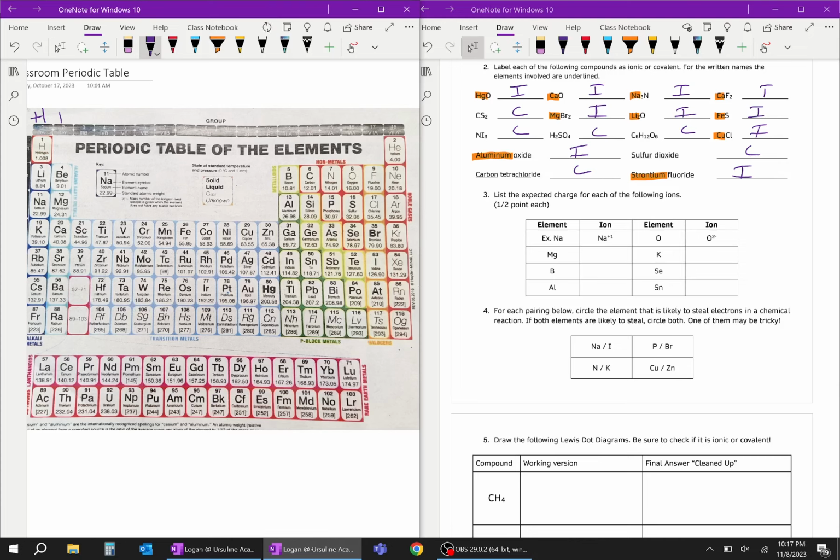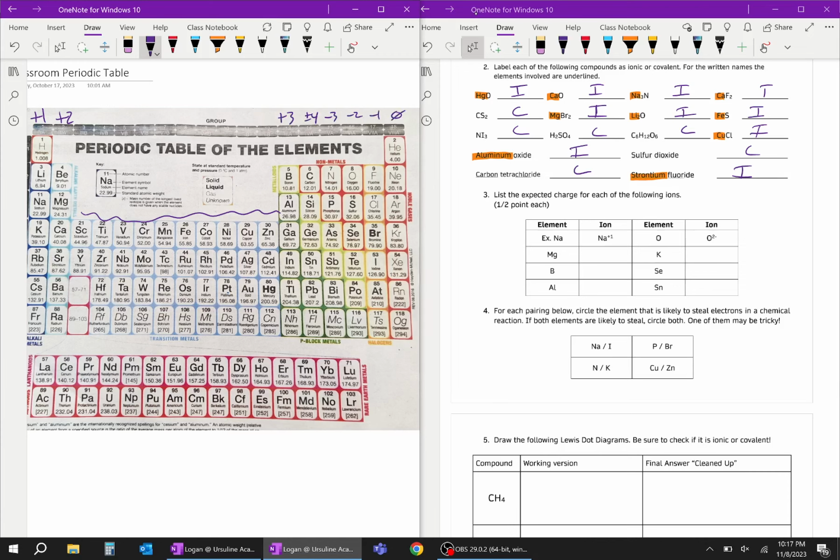Positive 2. We don't know about these guys. Mess with them later. These will be positive 3. These will be plus or minus 4. And then we go negative 3, negative 2, negative 1, 0.